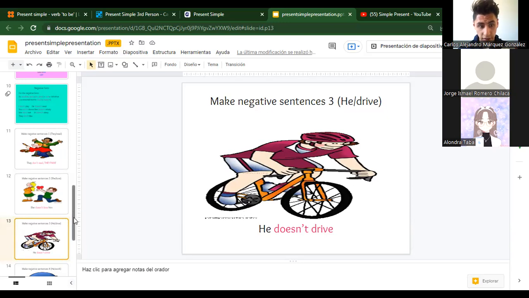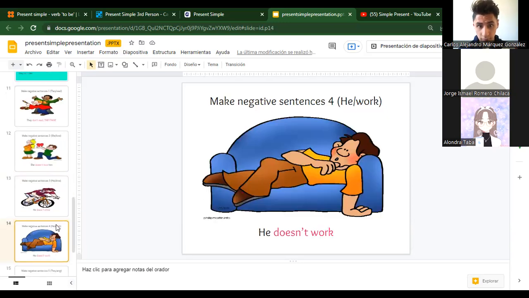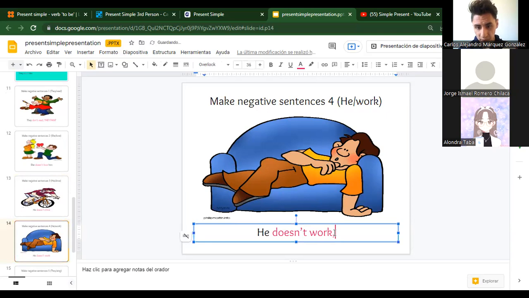Él no conduce. He doesn't work. Él no trabaja. He rests. Él descansa. Él duerme. He sleeps.